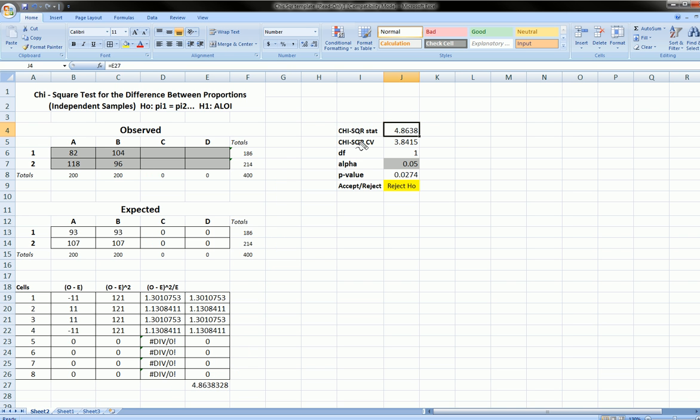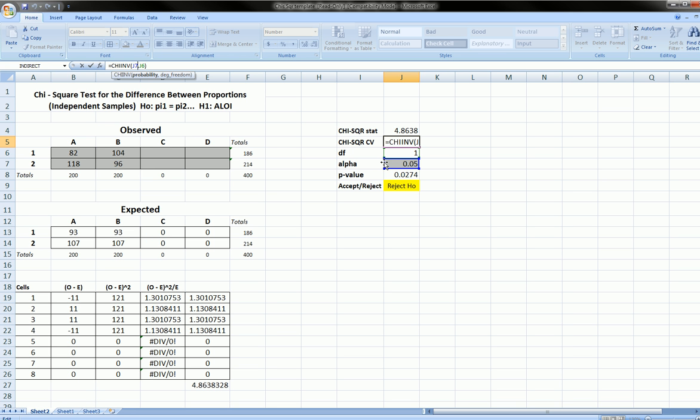Then we get the chi-square critical value either by looking on your table in the back of your textbook or using the Excel function CHIINV, that's C-H-I-I-N-V, with your alpha and degrees of freedom. So first you put your alpha for your test, and every question will give you the level of significance.